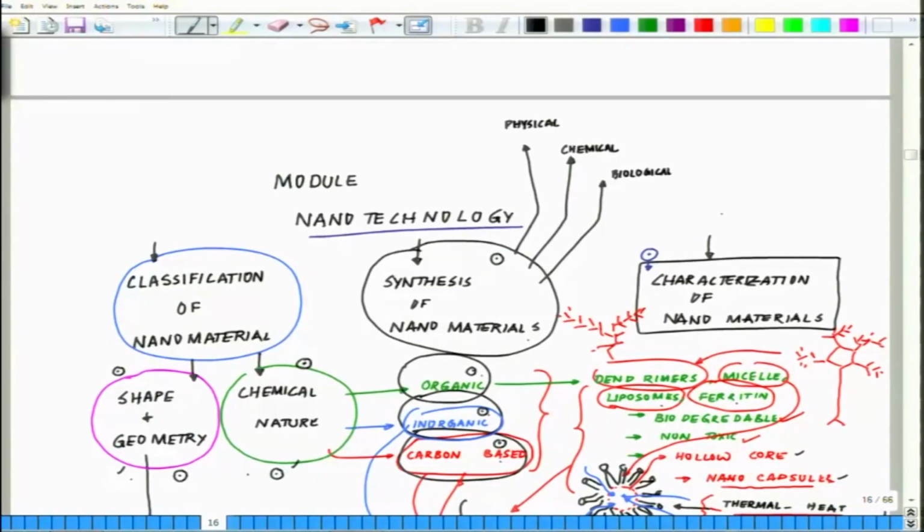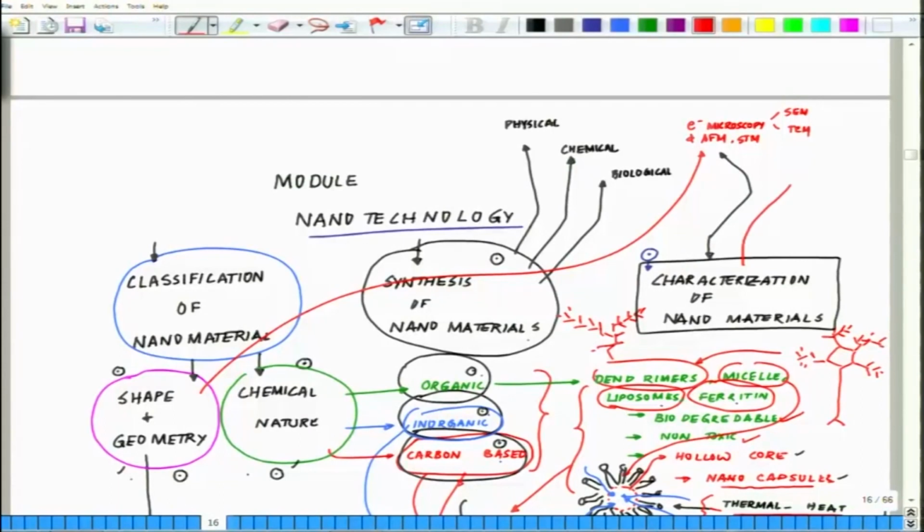Followed by that, we talked about characterization of nanomaterials, figuring out shape and geometry using different forms of electron microscopy, AFM and STM, which includes SEM and TEM.